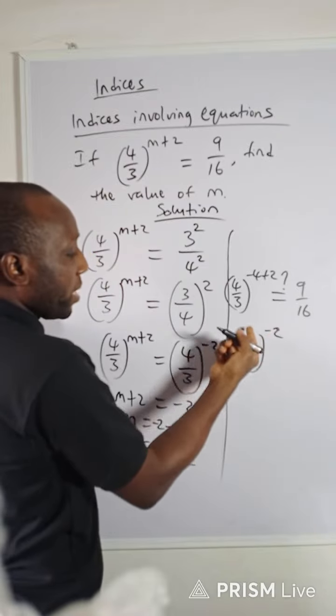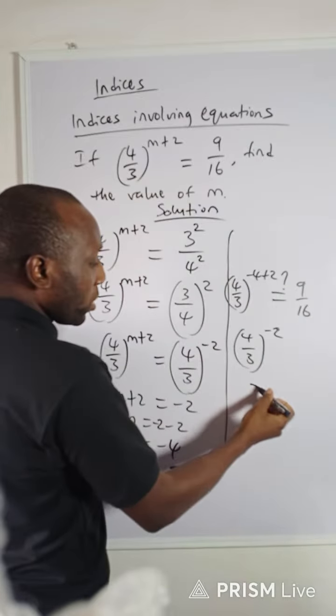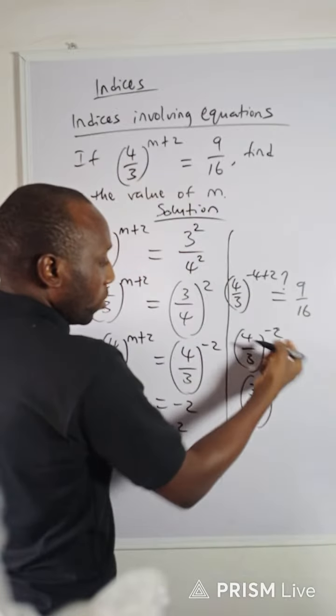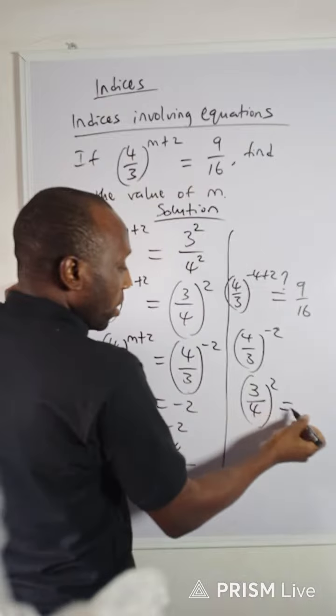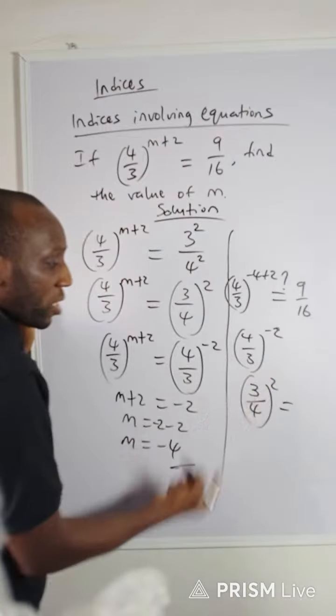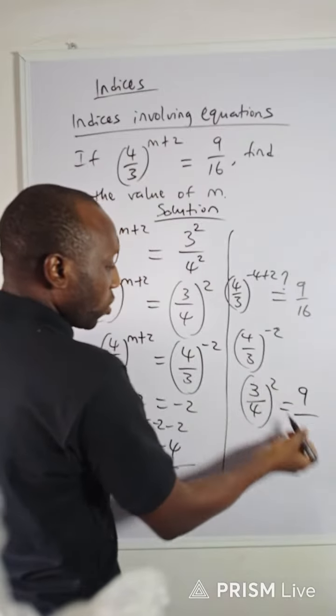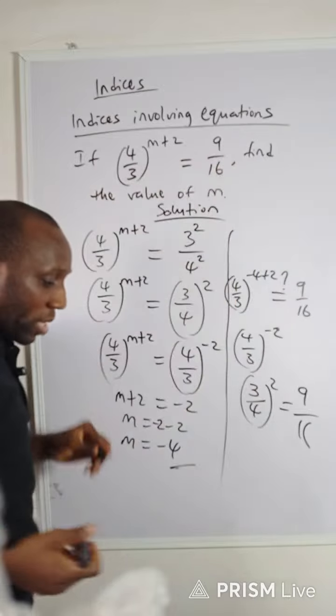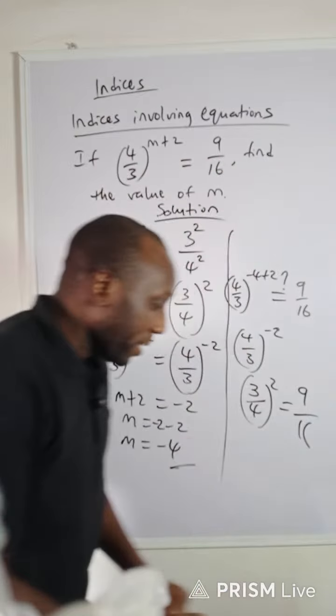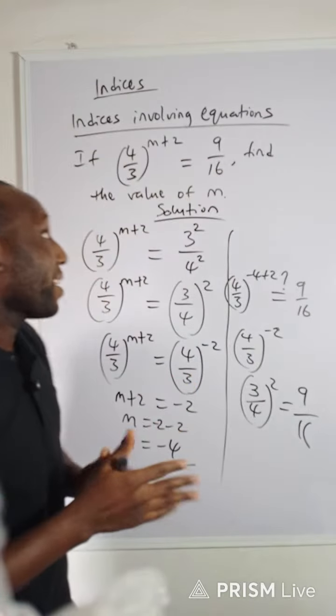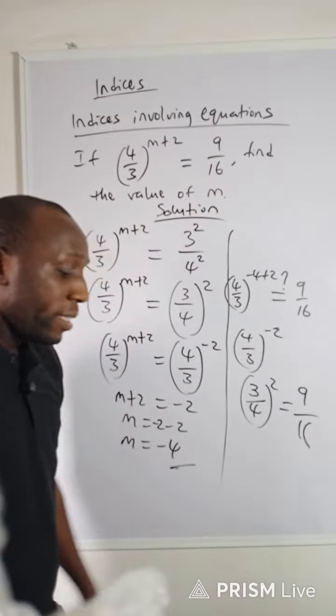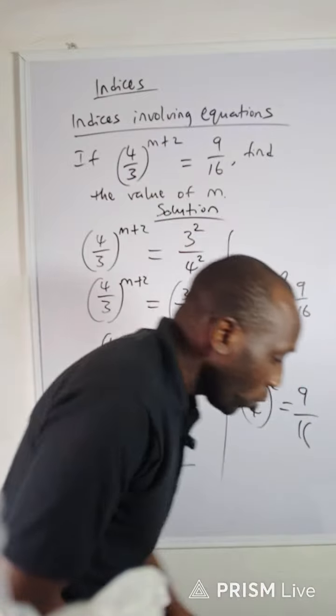And this minus will take the reciprocal of 4 over 3, giving you 3 over 4. With the power there too, right? So 3 squared, 4 squared. What is 3 squared? 9. What is 4 squared? 16. And that's what we have here. So yes, we have just proven that the value of m that will satisfy this equation is -4. Yeah, I hope you understood what I did.